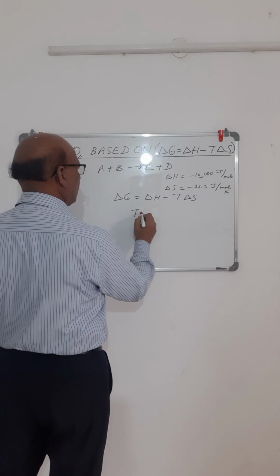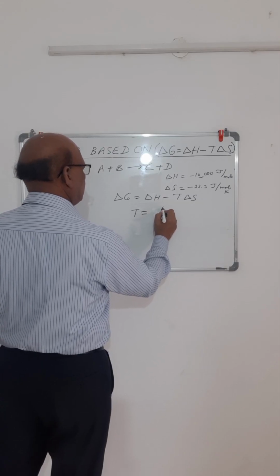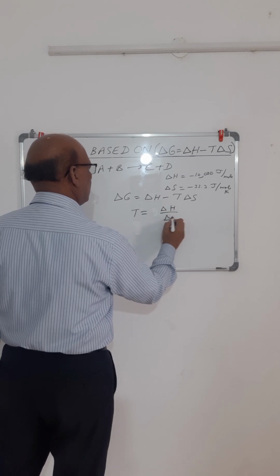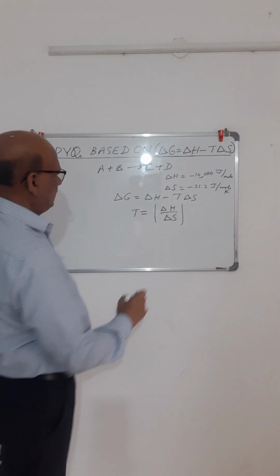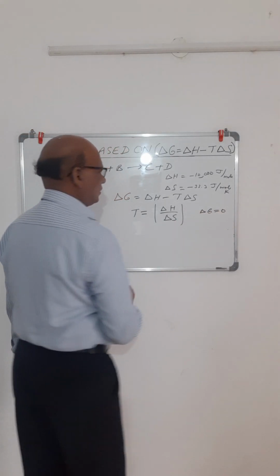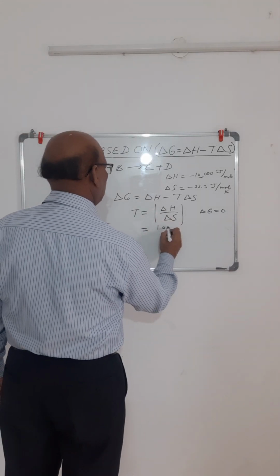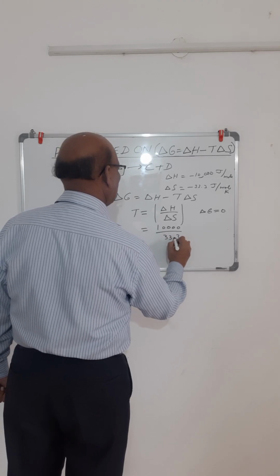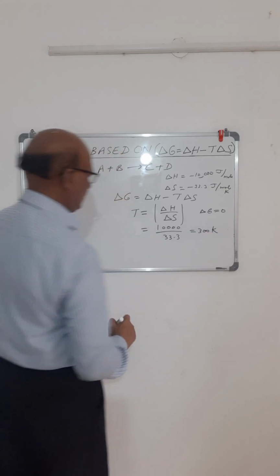So we calculate temperature when delta G is 0, that will be delta H upon delta S. So this is the temperature at which delta G is 0. At this temperature delta G will be 0. Okay, and this will come as 10,000 divided by 33.3. So this is coming as 300 Kelvin.